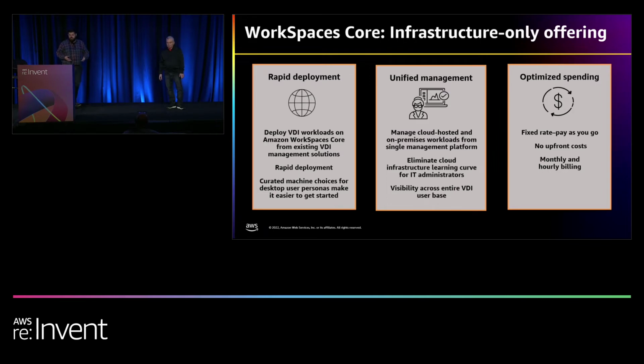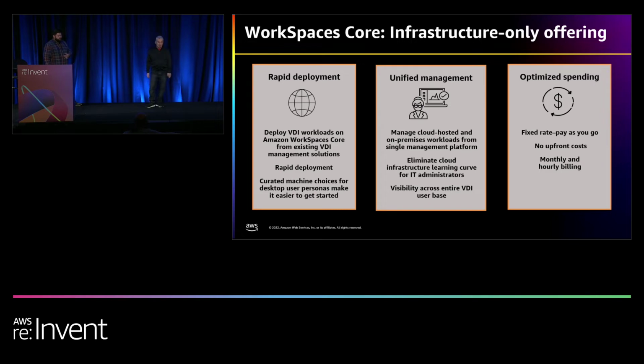I think there's something like 275 EC2 instances, probably around that. We're always adding new instances, but there's a lot of them out there, right? That can be really complicated for someone that's not used to AWS. So we've curated machine choices that are meant for desktop use cases. That's one of the pieces of how we make this a quicker solution.